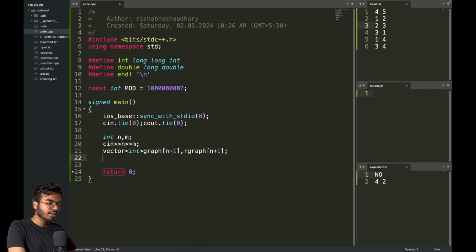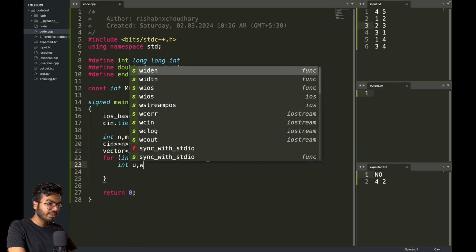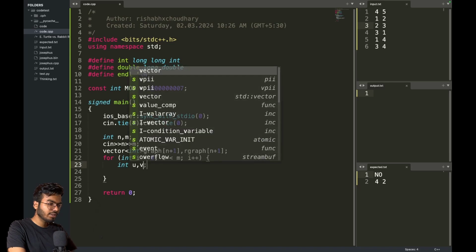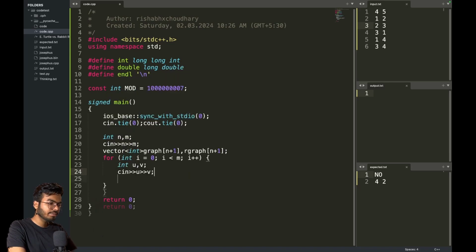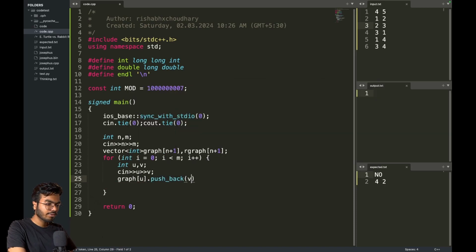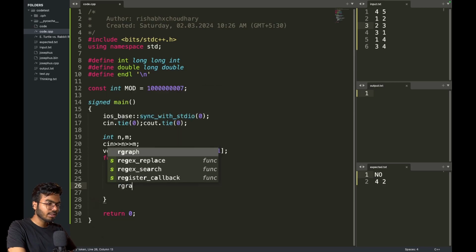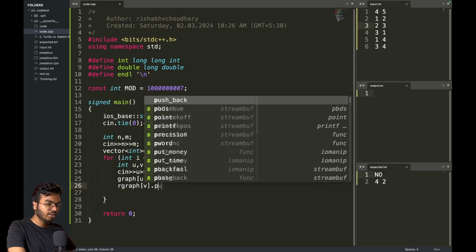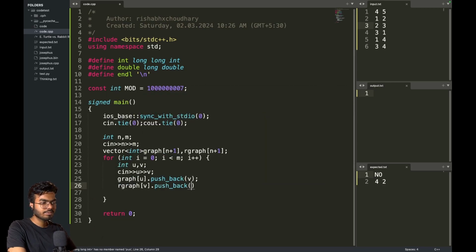Then for i in range m, let's say int u, v, cin u and v. I will say graph of u dot push_back v, and reverse graph of v dot push_back u. Okay, so I have this now.